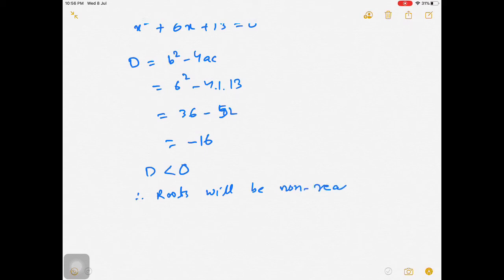That means there is no real root. Here we shall not find any real root for this equation.